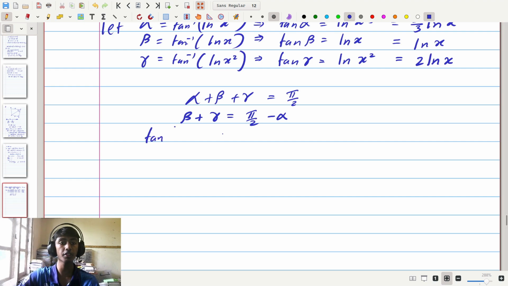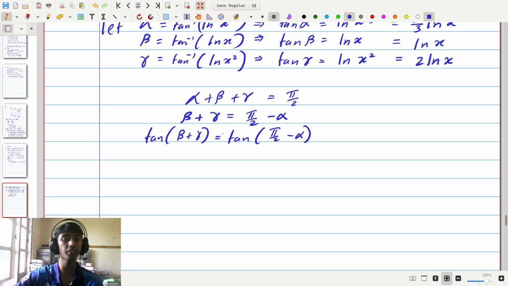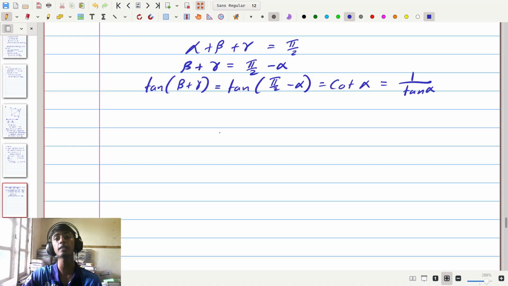The left hand side would be the tangent of beta plus gamma, and the right hand side would be the tangent of pi by 2 minus alpha, and as we know, the tangent of pi by 2 minus any angle is equal to the cotangent of that angle, so it's cot alpha, which is equal to 1 divided by the tangent of that angle, so tangent of alpha. So now we know that the tangent of beta plus gamma is equal to 1 divided by tangent of alpha.